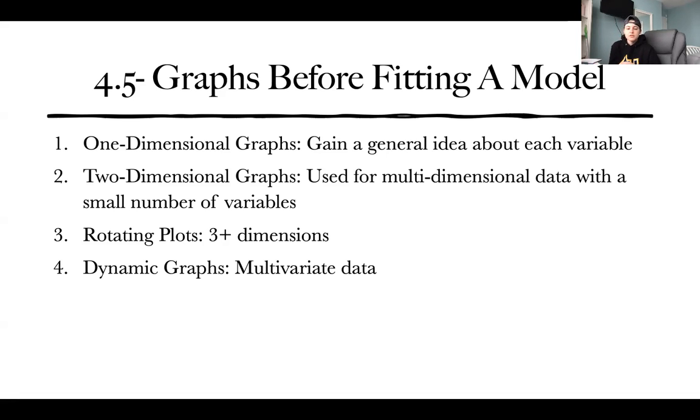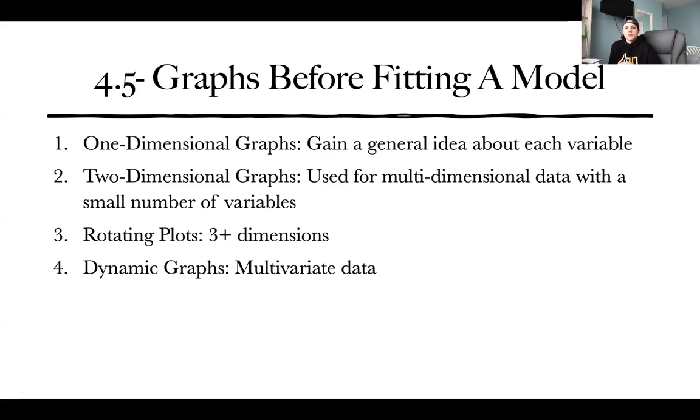The next group of graphs is called a rotating plot. Plotting of three or more dimensions is going to use a rotating plot. The only way we can really create this is by using computer software, since it is more than 2 dimensions. With this, we can use a computer to play around with the plot and rotate it so we can see the whole data set.